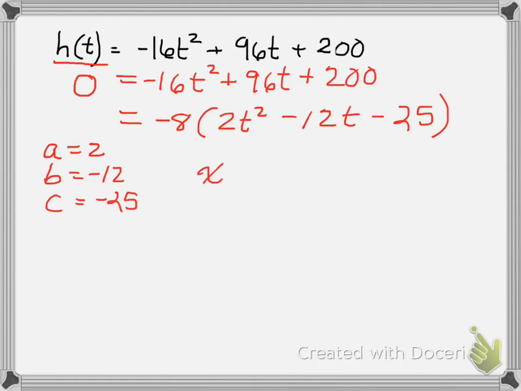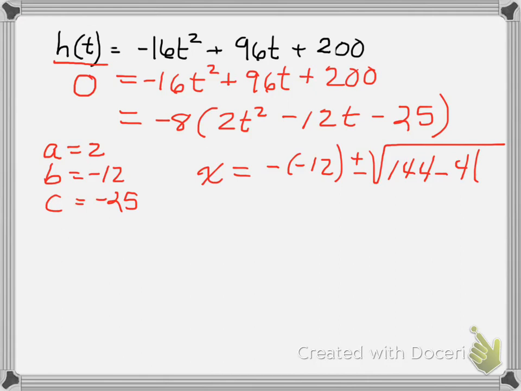So our quadratic formula says x, which in our case, remember, is our time, equals negative b plus or minus the radical. We're going to take our -12 and square it. And then minus, remember we're going to multiply 4 times 2 times -25.